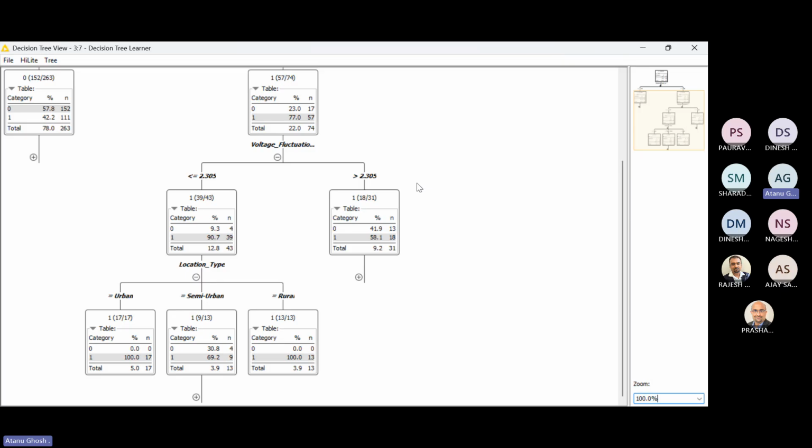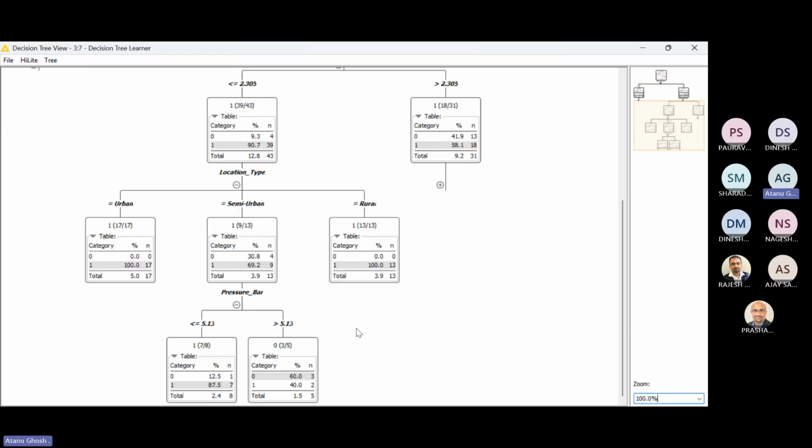So when we talk about this Gini index or gain ratio, you are actually calculating the amount of disorder through a mathematical formula in each of these leaf nodes. The amount of disorder is minimum when there is no impurity, like we saw in this particular node, where there is 100% probability that the machine will fail.